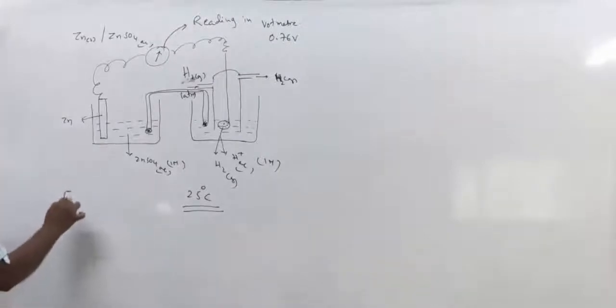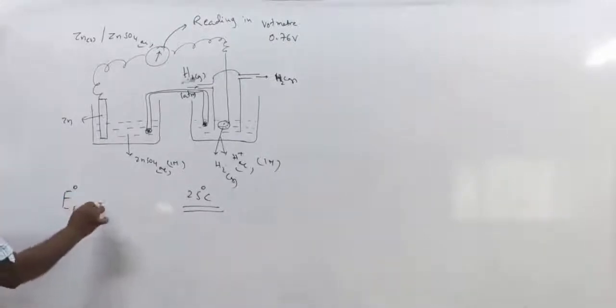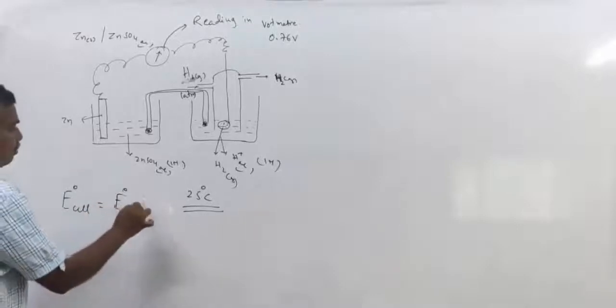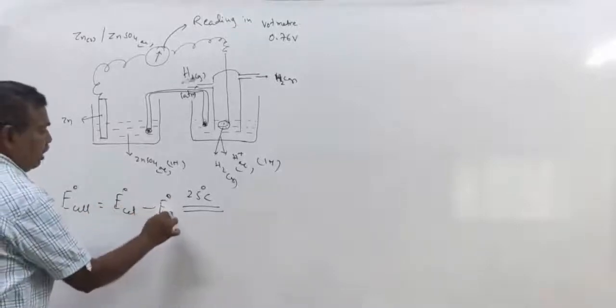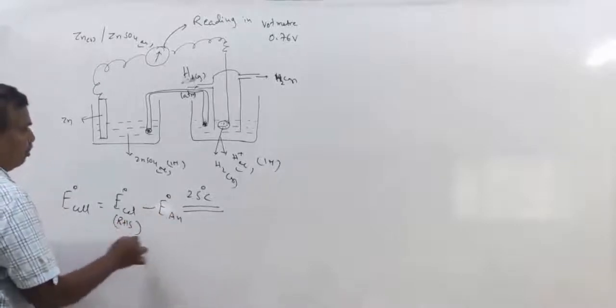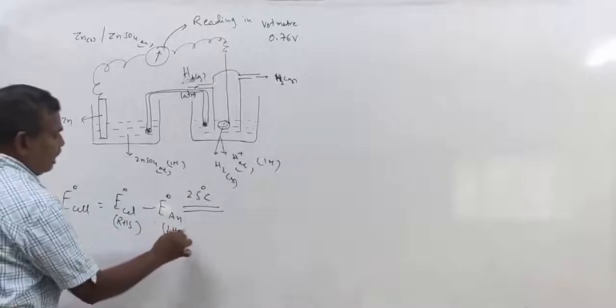So here E naught cell is equal to E naught cathode minus E naught anode, right hand side electrode minus left hand side electrode. So E naught cell is 0.76 volts.